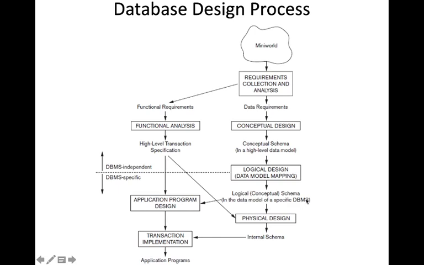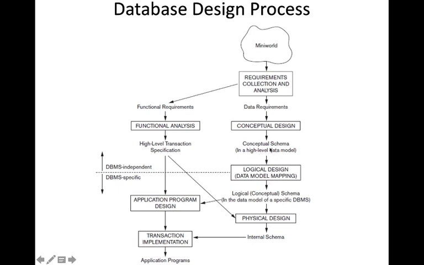If we are using a relational database, then we have to represent it in the relational model. Or if we are using an object oriented data model, then we will represent it in an object oriented data model. So this is the DBMS dependent part.